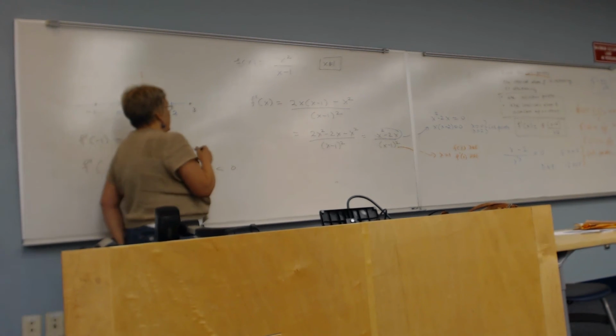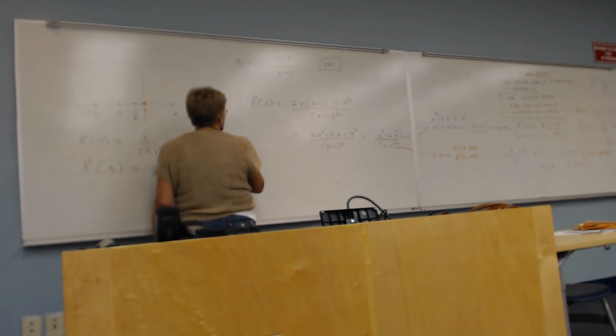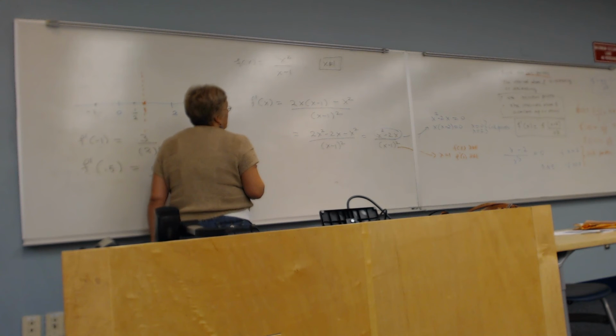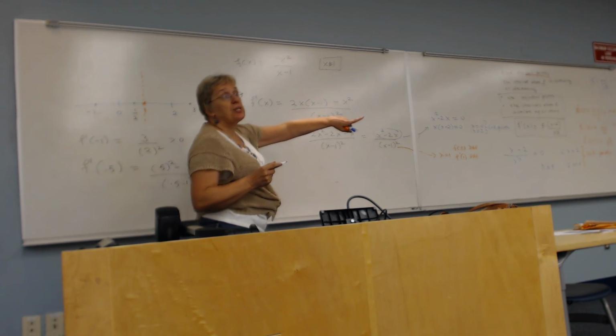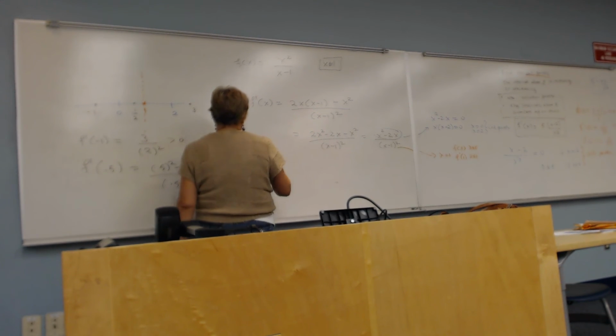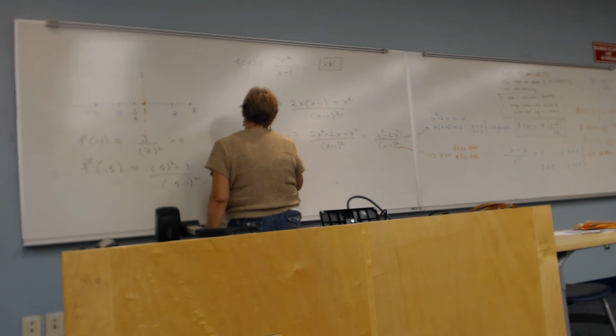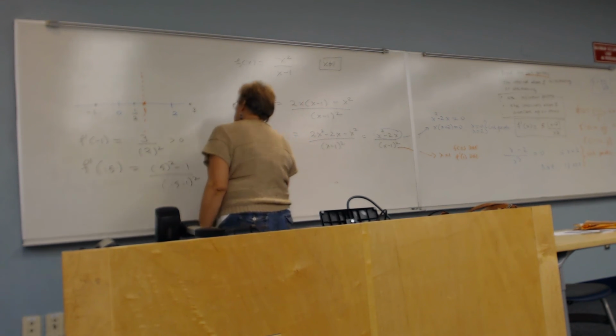And finally, f prime of 3 is equal to 9 minus 6 over something, so it's going to be positive.